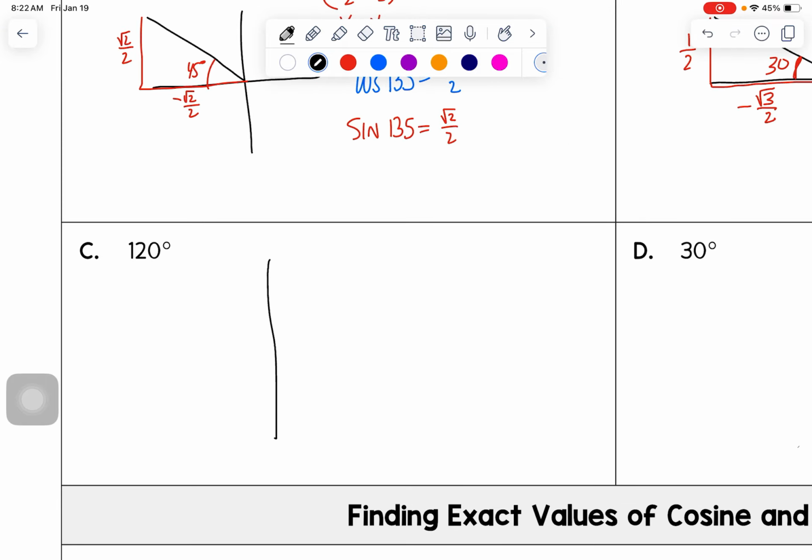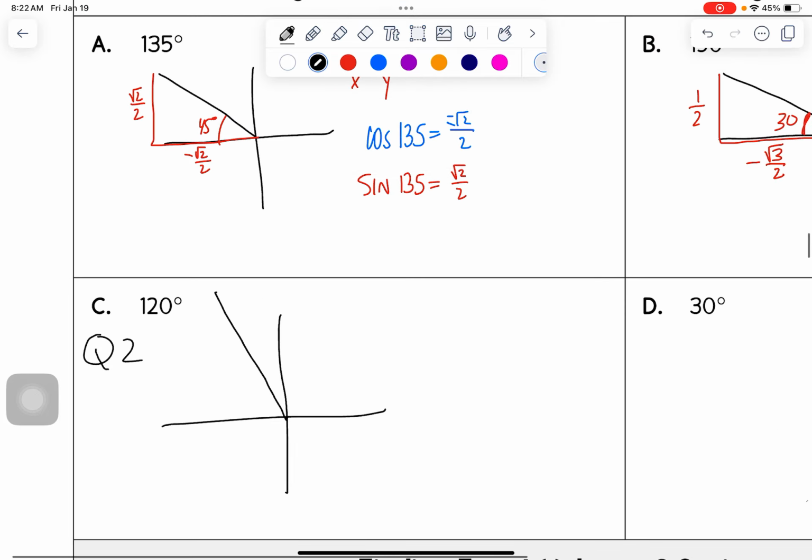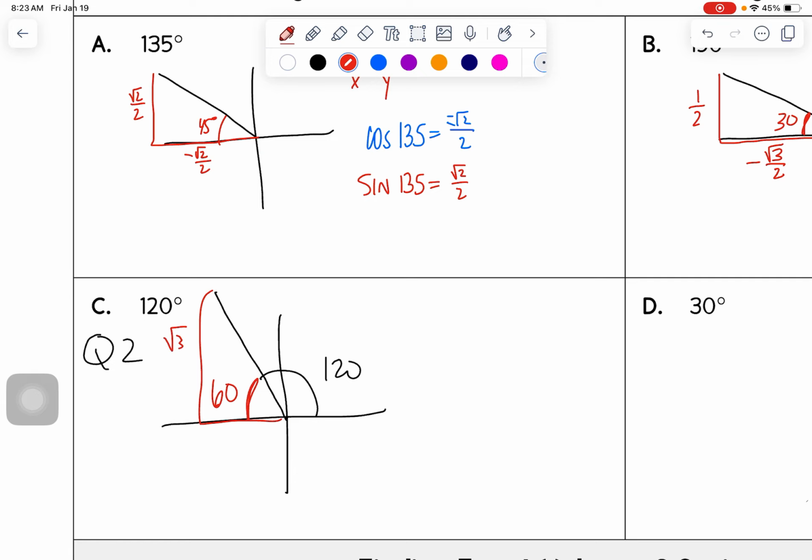So 120 again is a quadrant 2 angle. They hit us with all these quadrant 2 angles, right? So 120 will be right here. But the reference angle that we're talking about here, like we drew earlier, would be 60. So that would be the triangle that we're referencing. Like we said with our special right triangles, the side across from the 60 is root 3 over 2.